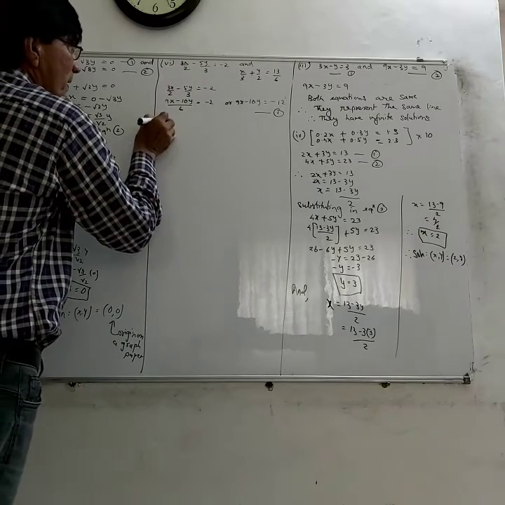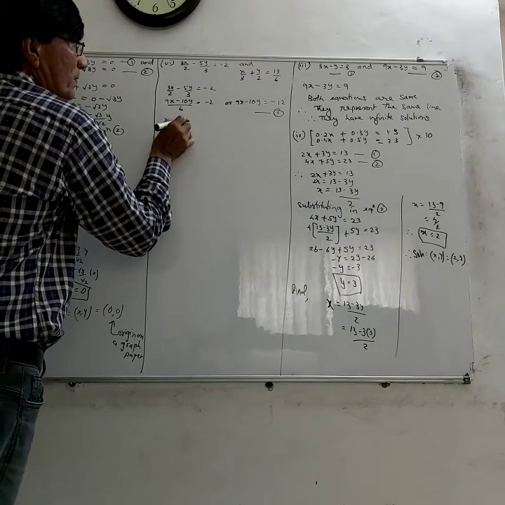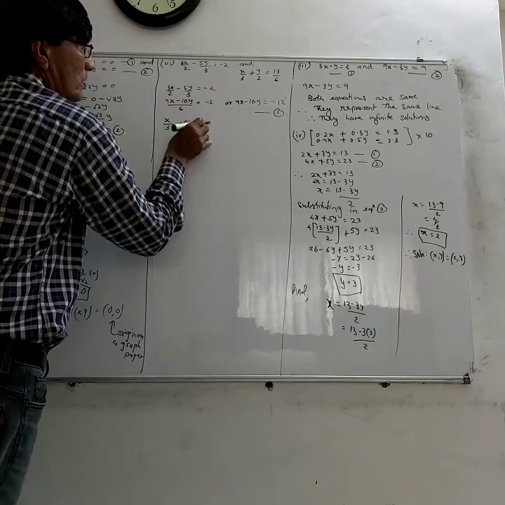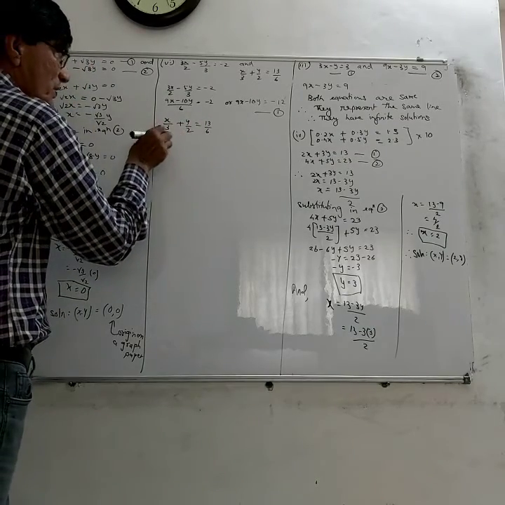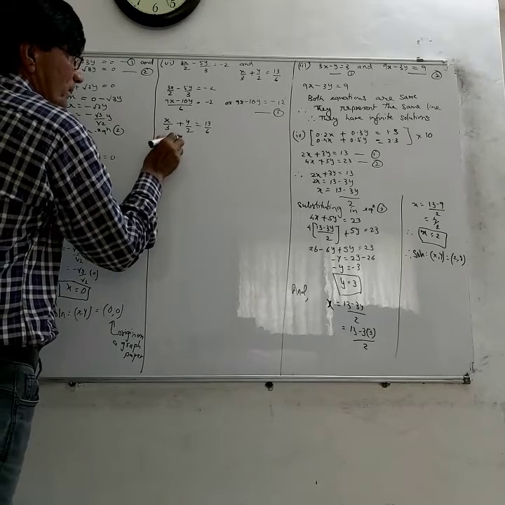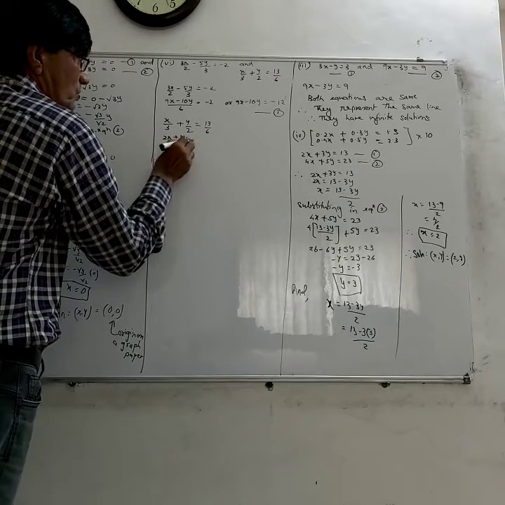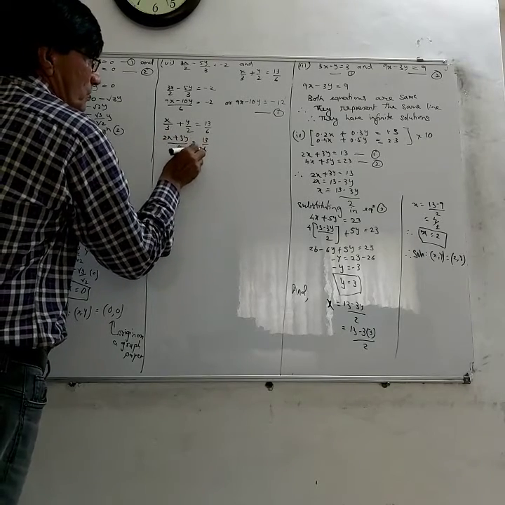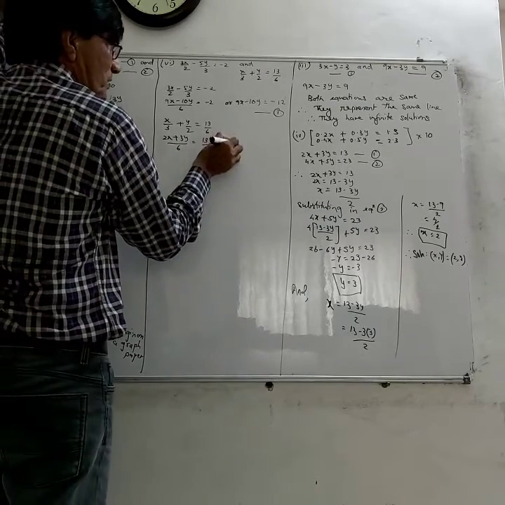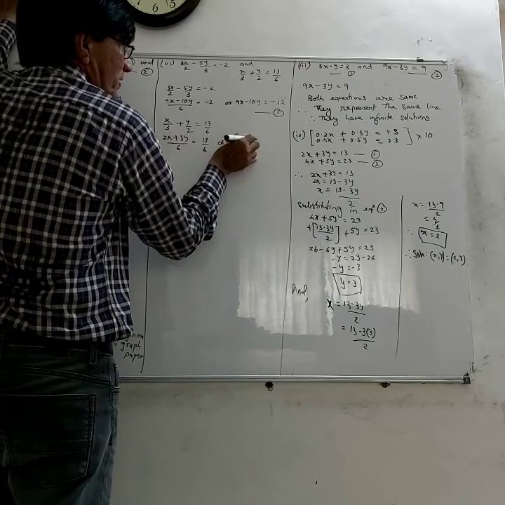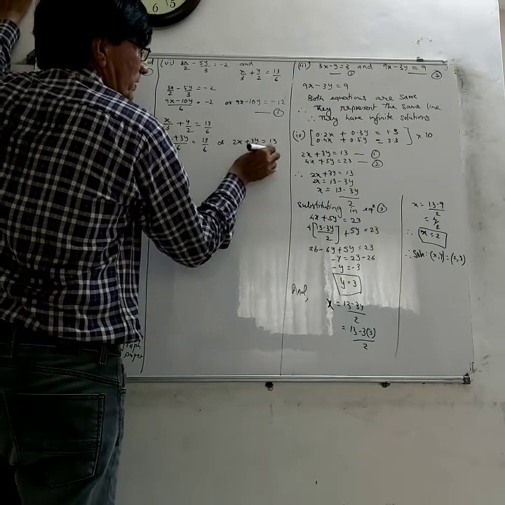Similarly, x upon 3 plus y upon 2 is 13 upon 6. Now the LCM will be 6, so 2x plus 3y upon 6 is equal to 13 upon 6. Cancel out 6 from both the sides, and you get 2x plus 3y is equal to 13.